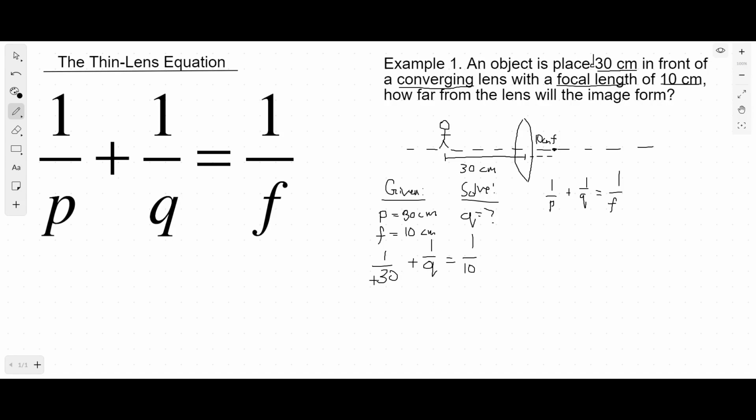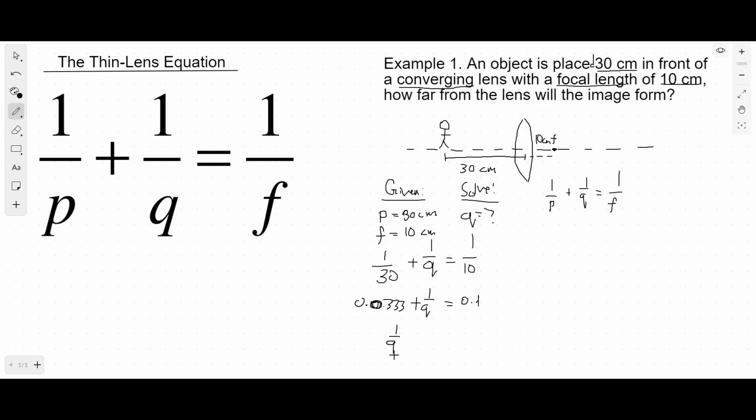1 over 30, we'll just calculate that in our calculator, is 0.0333, plus 1 over q, and 1 divided by 10 is 0.1. Now we're going to subtract the 0.0333 over to the other side.